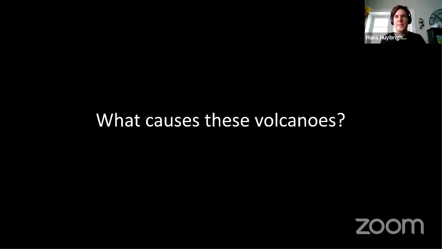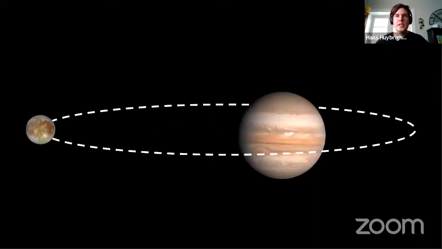So another question, what causes the volcanoes? So that's on Io and Europa, at least. It's an interesting question because it has to do with the gravity of Jupiter and the way that Europa and Io go around Jupiter. So these moons go around Jupiter, but not in a perfect circle, but an ellipse.